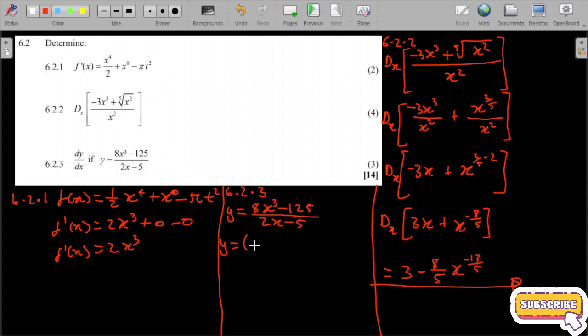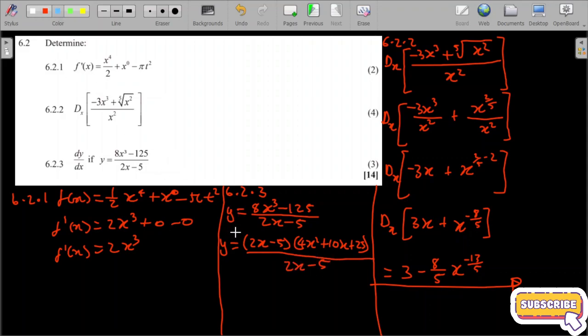Remember here, I still need to say 2x minus 5 times 4x squared plus 10x plus 25. This is how we factorize the difference of 2 cubes, and then all over 2x minus 5.